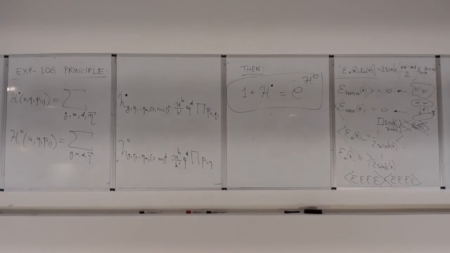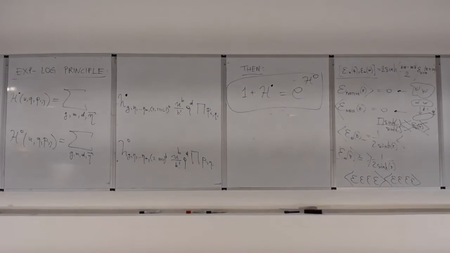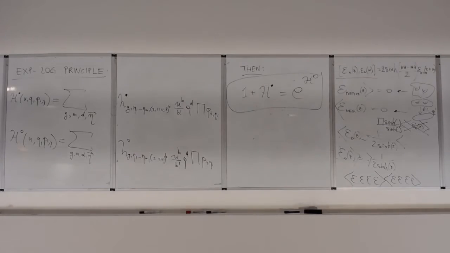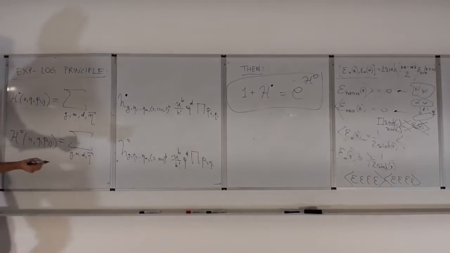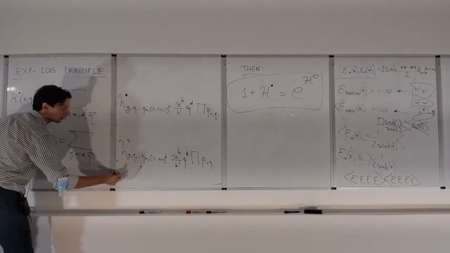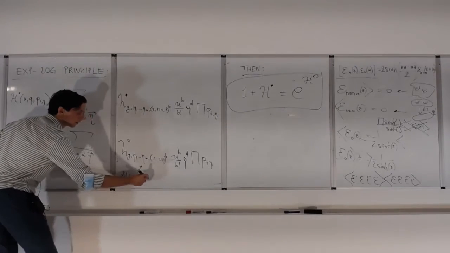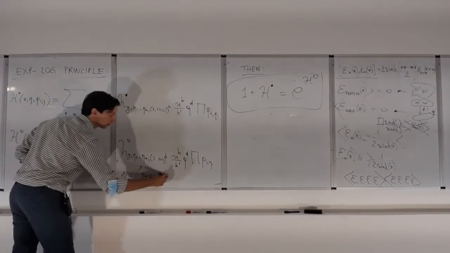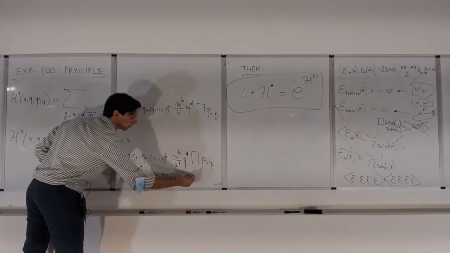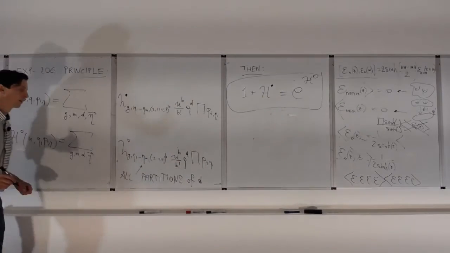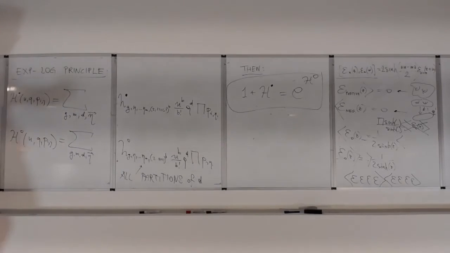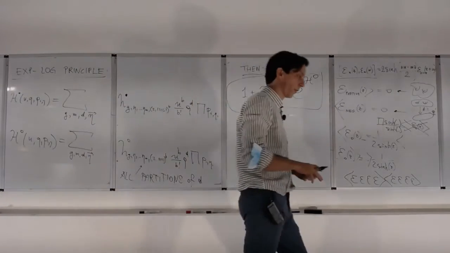As many as you need. You'll have in total a partition of D. And B is also determined. So you don't need to sum over it.